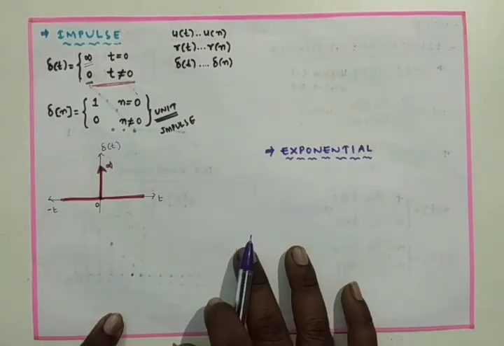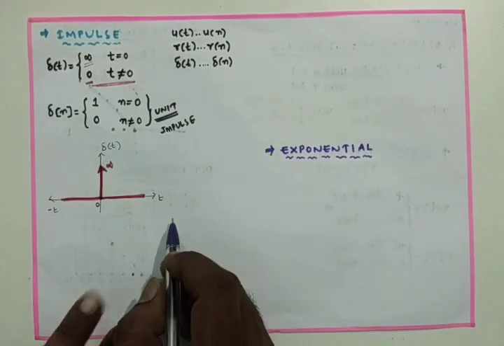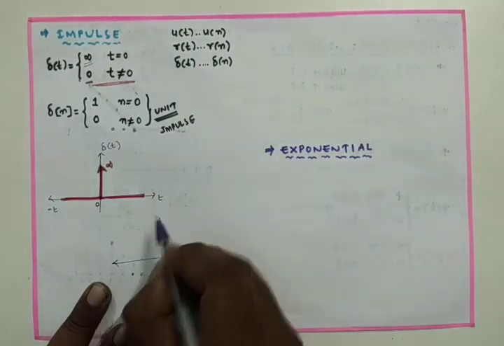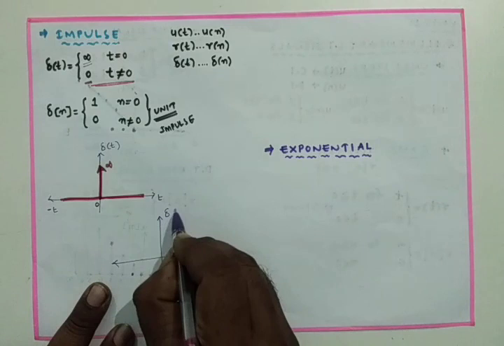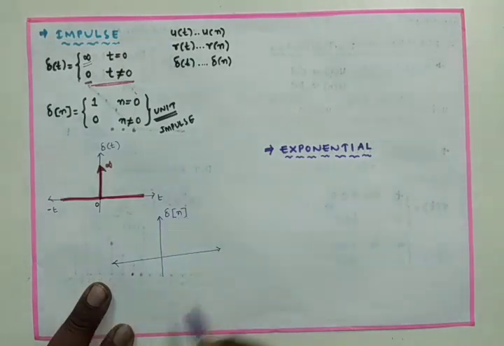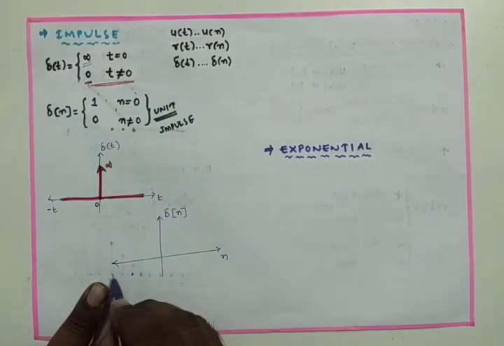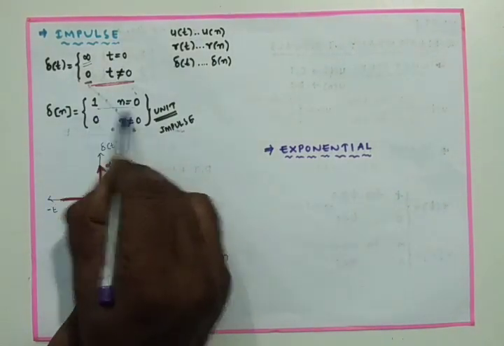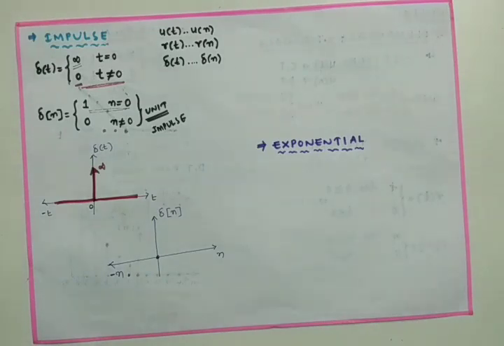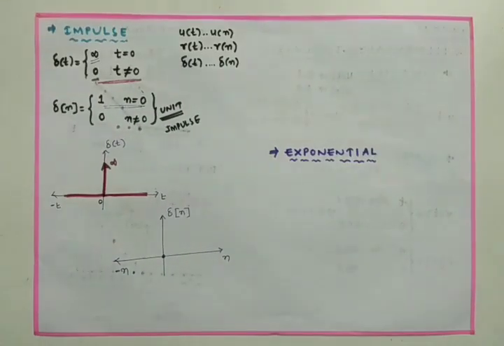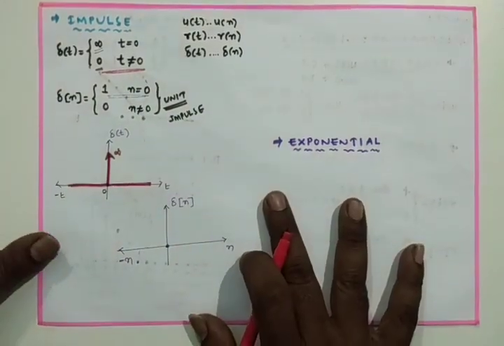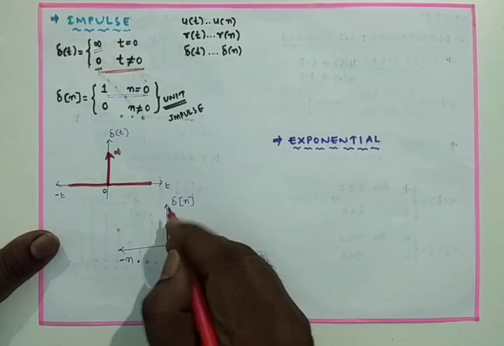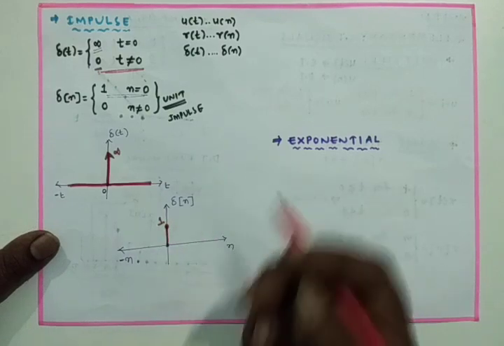I am going to draw the discrete time impulse signal by making use of the mathematical representation. This is del of n for the y-axis, and for the x-axis it is n. At n equal to 0 only the signal amplitude is 1, so at n equal to 0 you can draw the signal amplitude as 1. The signal amplitude is not infinity here, it is 1.